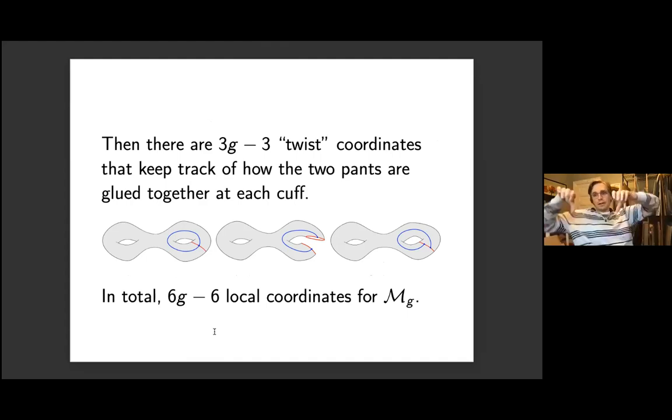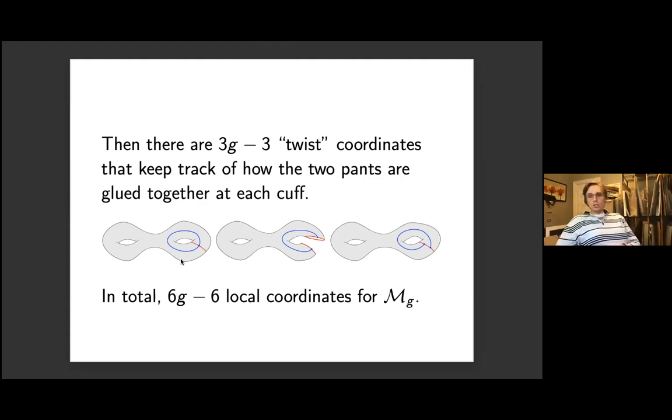So if I have two cuffs of the same length, I can glue them together. But there's actually a one-dimensional family of ways of doing this. I can sort of twist before I glue. So here I've illustrated the effect of twisting about this red curve. I cut it and then I re-glued it with a different twist. The blue curve is just there as a reference point to help you keep track of what's going on.